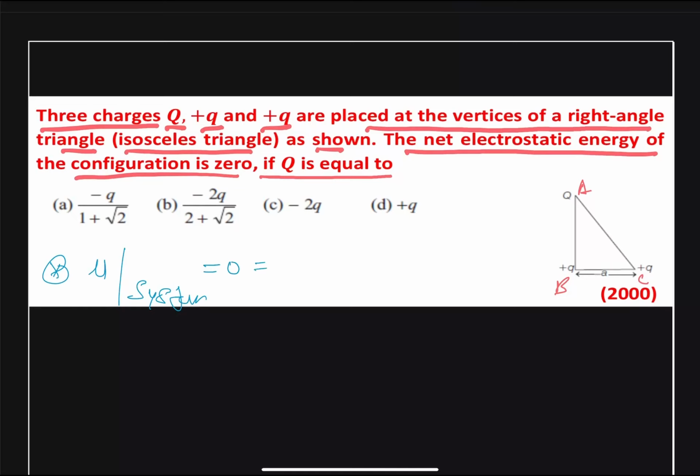From here we can write the energy of the individual charges as Qq upon A plus capital Q small q upon A, because this is isosceles, plus Qq upon the hypotenuse, which is the square root of A squared plus A squared, that is square root of 2 times A. So this comes as Qq upon square root of 2 A, plus capital Q capital Q divided by A, should be equal to 0.